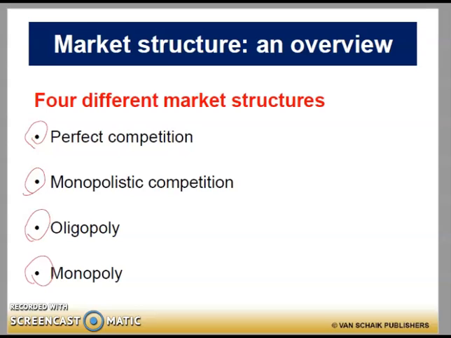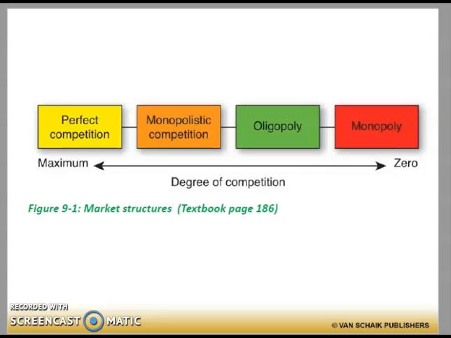Although we discuss the 4 different market structures in the next 2 chapters, we might want to think of them in a sequence or systematic form as follows. At one extreme is perfect competition, followed by monopolistic competition, then oligopoly, and at the other extreme is monopoly. All firms fit somewhere between the 2 extremes, either at maximum competitiveness or zero competitiveness in the market.